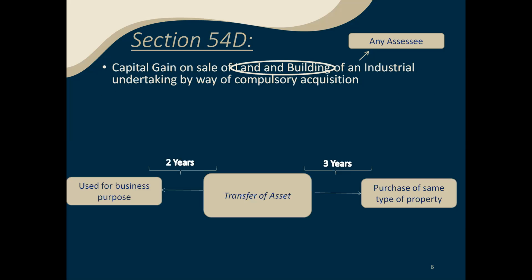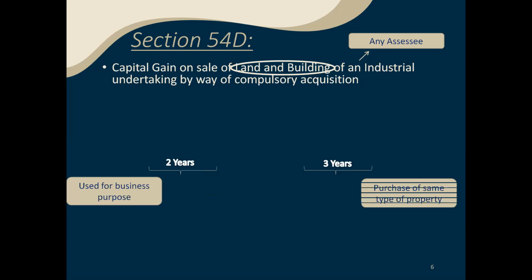So now here we have seen 3 sections. Of the 3 sections, if you have acquired a new property, say within 3 years you have acquired another industrial undertaking, under section 54B an agricultural land, or in case of residential property, again you have bought one more property, then you should not alienate the asset within 3 years from the date of purchase.